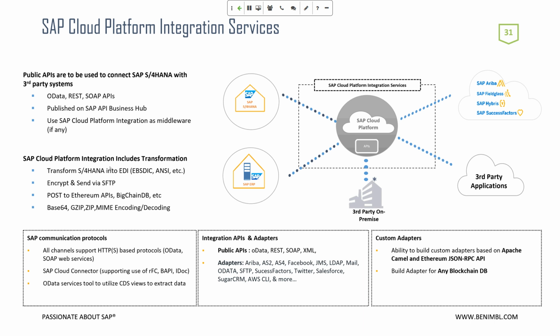SAP Cloud Platform Integration Services, for those of you who don't know, is a microservice within the SAP Cloud Platform that enables you to get data from anywhere and send data anywhere. If I need to get data via an EDI 850 document and then send it as an XML to iDoc in S4, perfect, can do it. If I need to get data via an EDI 850 document and store it in a table in HANA, perfect, can do it.